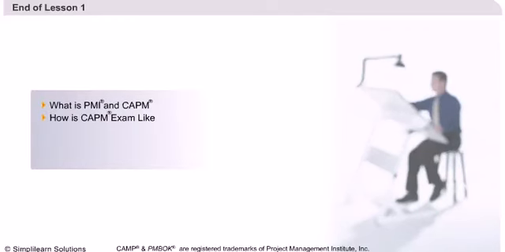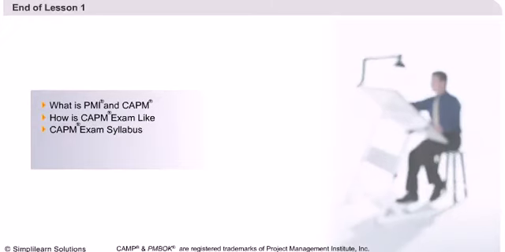This marks the end of our Lesson 1. Let's do a quick recap of what we learnt so far. In this lesson, we learnt about what PMI and CAPM are. We also got some information about the CAPM exam format itself and looked at the prerequisites of taking up the CAPM exam.